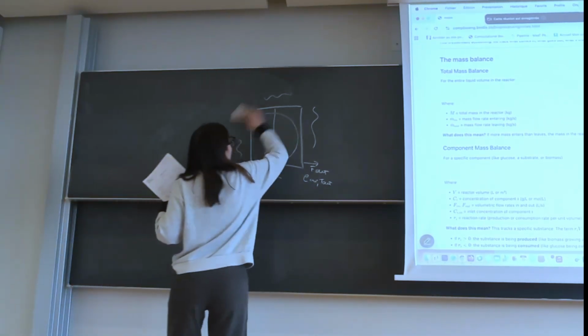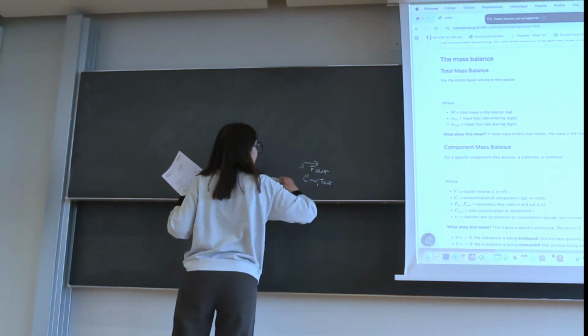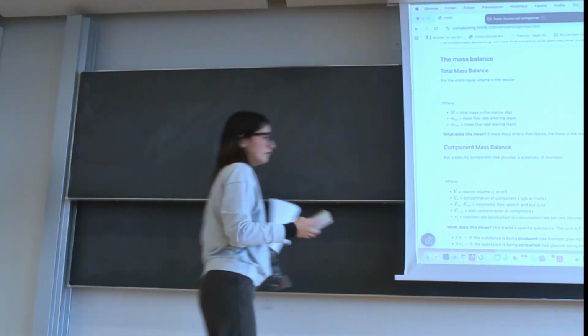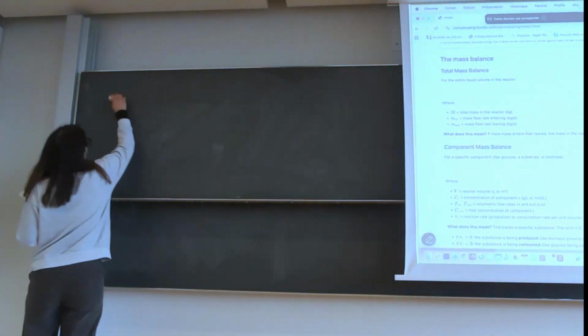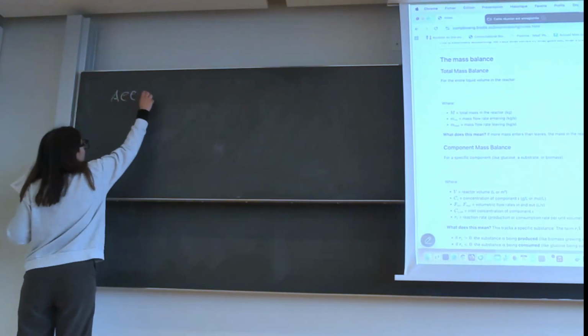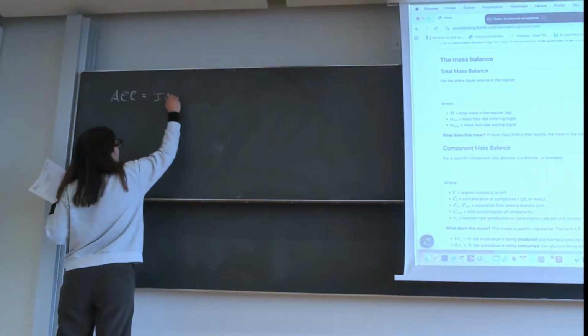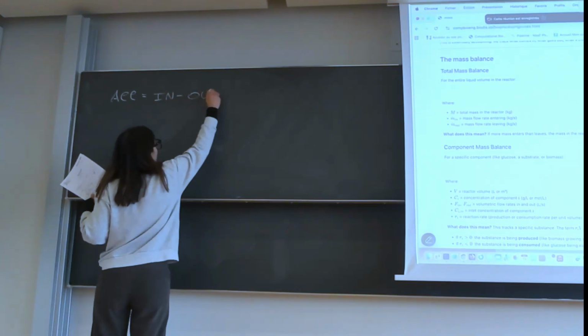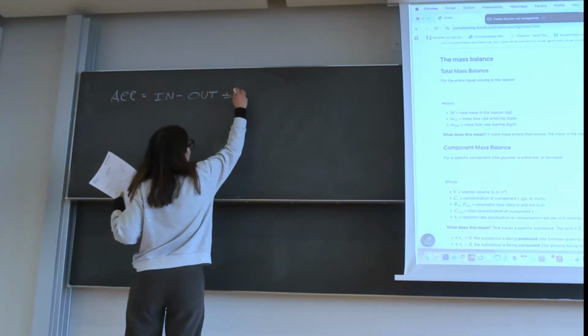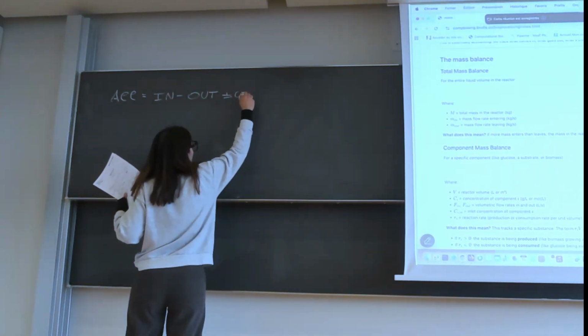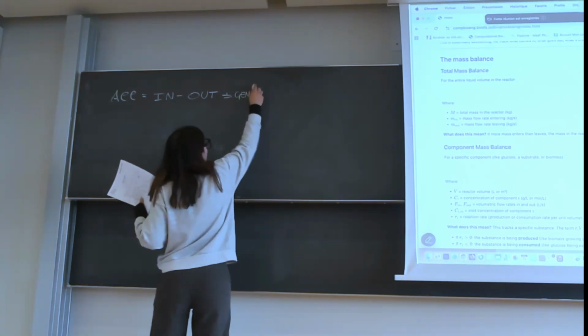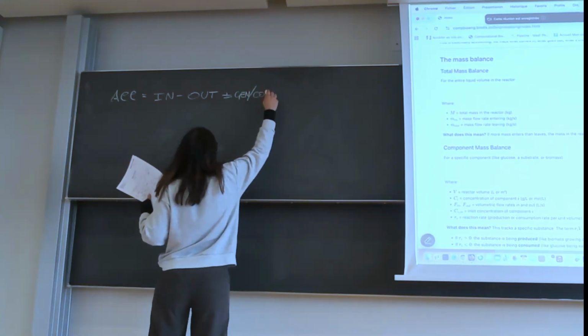So let's start from the mass balance. We will have accumulation is equal to input minus output plus or minus generation or consumption.